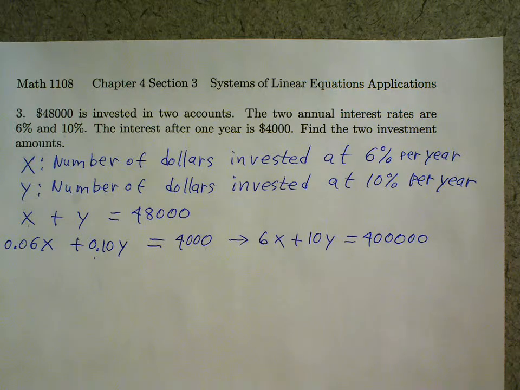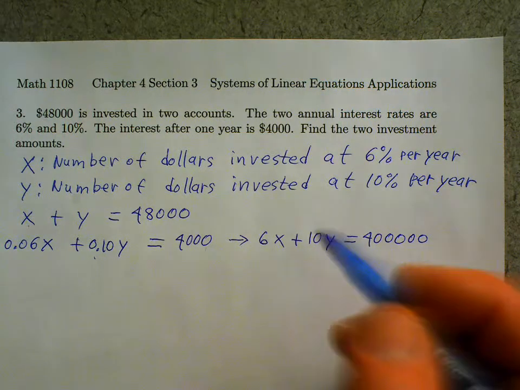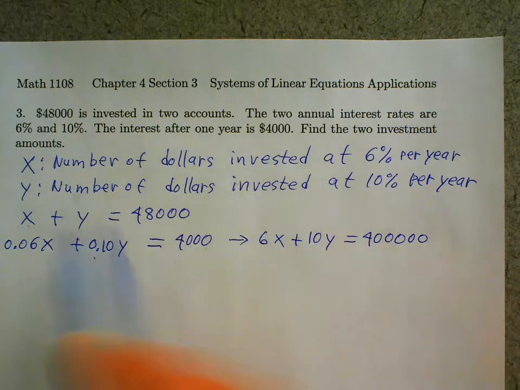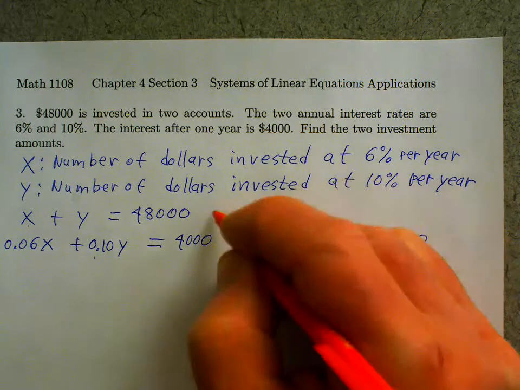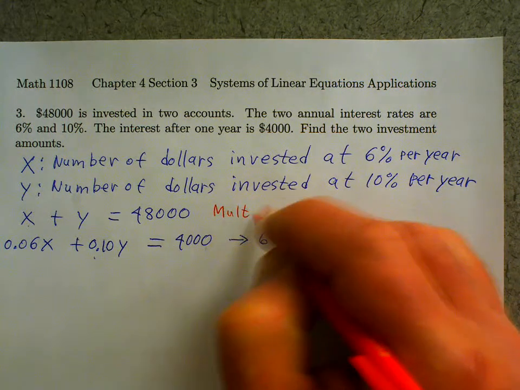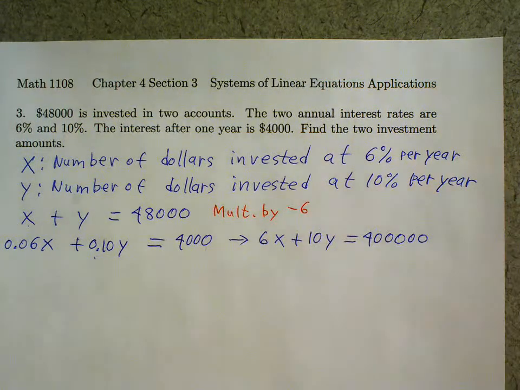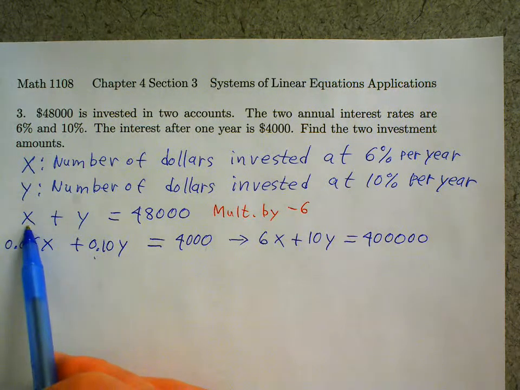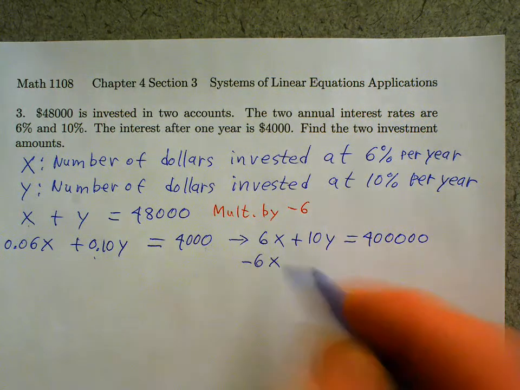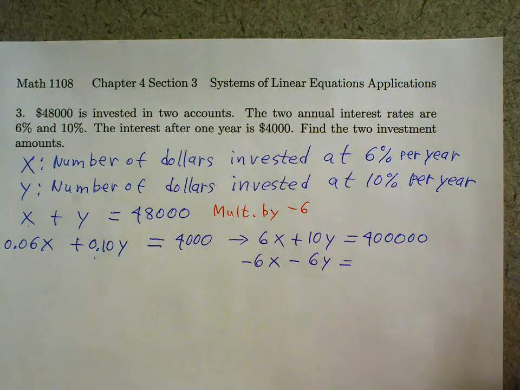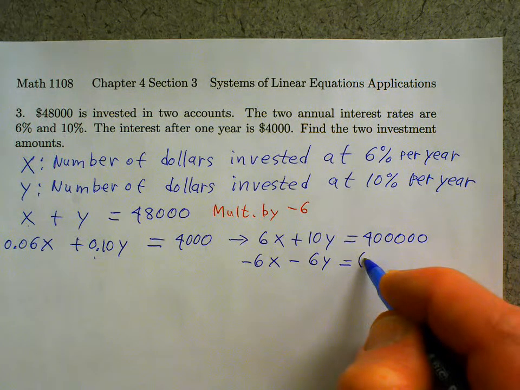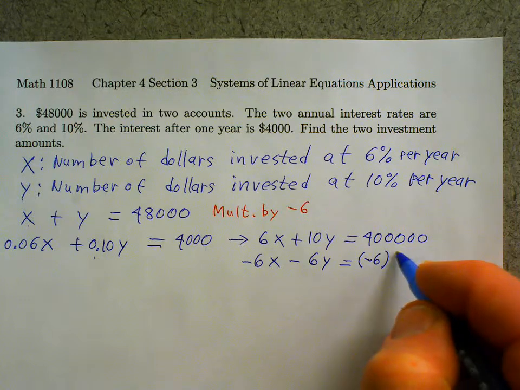Okay, if you want to use the addition method, we can multiply the top equation. One option is multiply every term on both sides of the top equation by -6. So -6 times x is -6x, -6 times y is -6y, and on the right-hand side, -6 times 48,000.